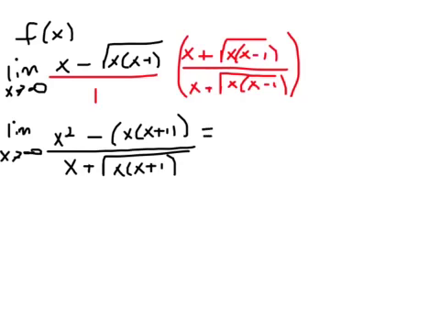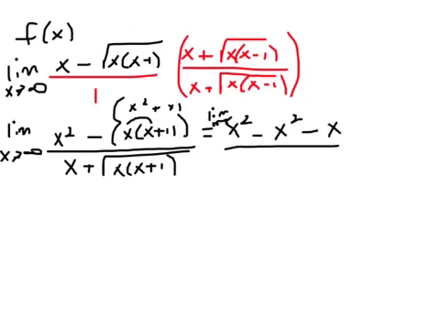So let's see what happens here. On the top, we're still taking the limit. X squared minus, now if I do this out, this is going to be x squared plus x in parentheses, but that's going to make x squared minus x when I distribute that negative sign. On the bottom I have x plus the square root; I'll say that's x squared plus 1 and multiply that out.